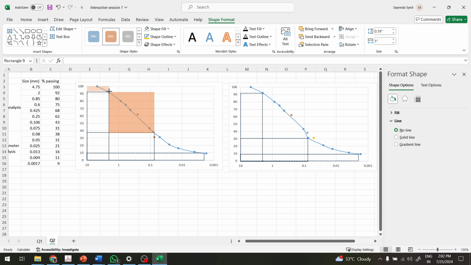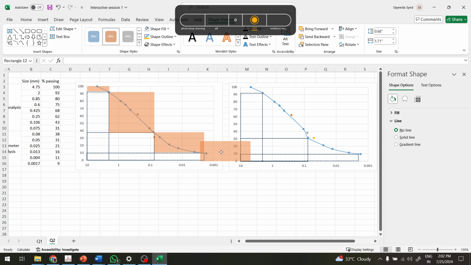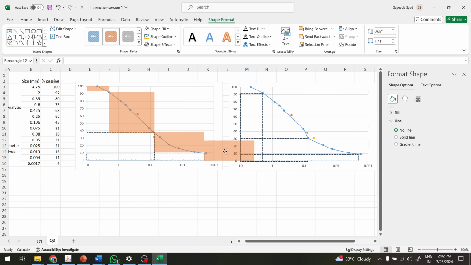This will be our gravel portion. This will be our sand portion. This will be our clay portion. And then finally this will be our silt portion. Use different colors. So this will be gravel.